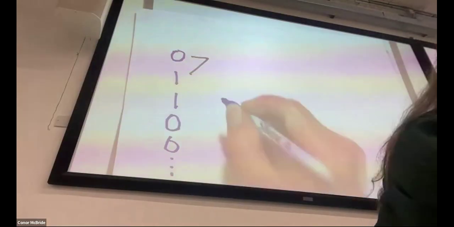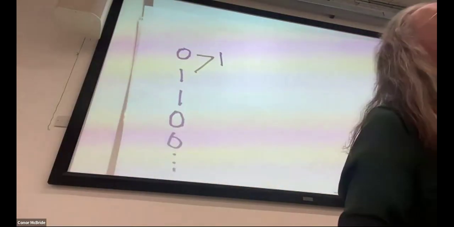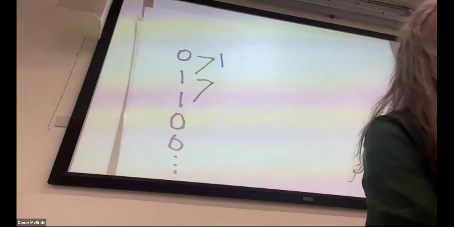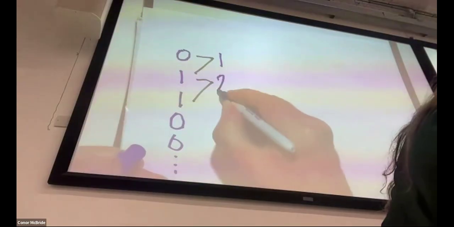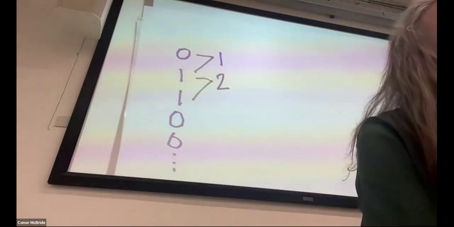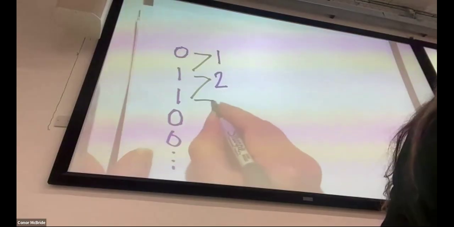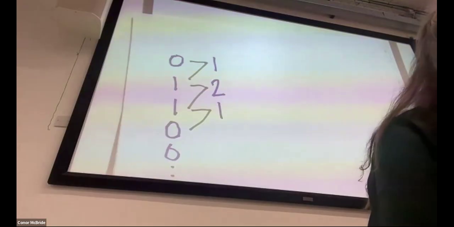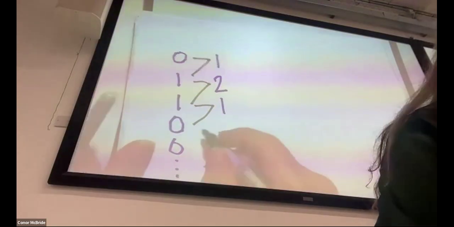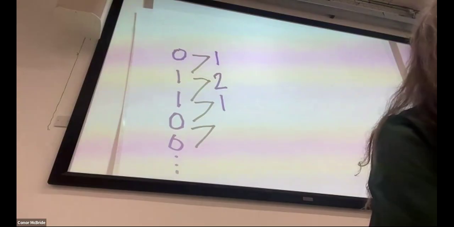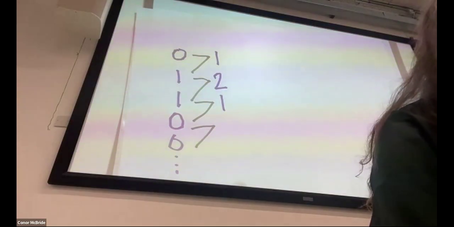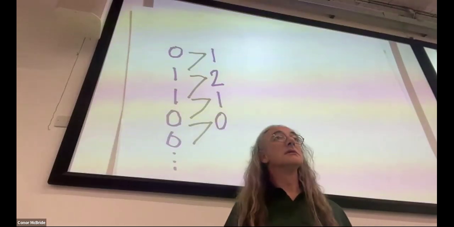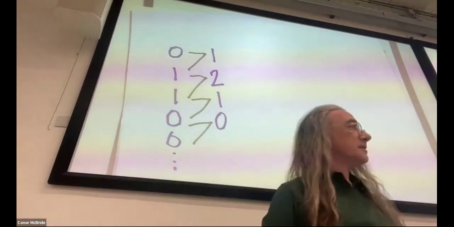So 0 plus 1 is 1. 1 plus 1 is 2. 1 plus 0 is 1. And from here on in, it's still going to be all zeros. Okay, everyone got how this is working? Yeah, let's keep going.